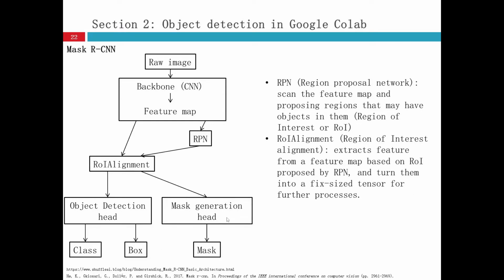The mask generation head gives us the mask. The object detection head and the mask generation head use the CNN structure, and the CNN is the same as what we talked about in Section 1. The new definitions for Mask RCNN are the RPN and ROI alignment, and how they interact with what we already know from the Section 1 CNN.